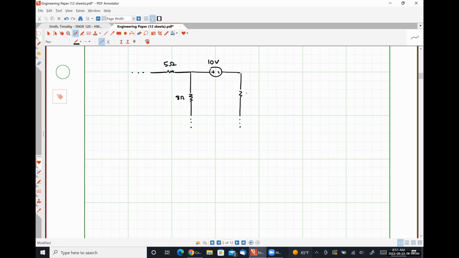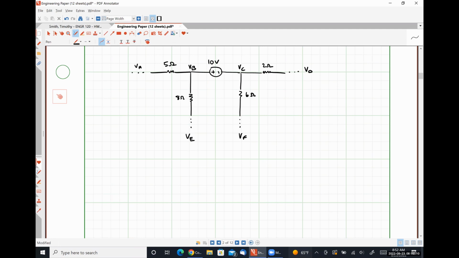This doesn't matter. Then a 6 ohm resistor and a 2 ohm resistor. And just for the sake of argument, let's call this stuff over here node A. Then we have B, C, D, E, and F, where we're really not caring about what's connected elsewhere, okay?